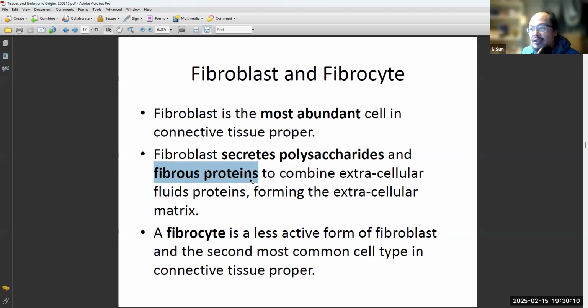In our earlier lecture, we talked about the molecules. We know that carbohydrates and proteins are polymers, and the fibroblast will produce both. They will produce these polysaccharides. This is a polymer, so the monomer is a monosaccharide such as glucose.